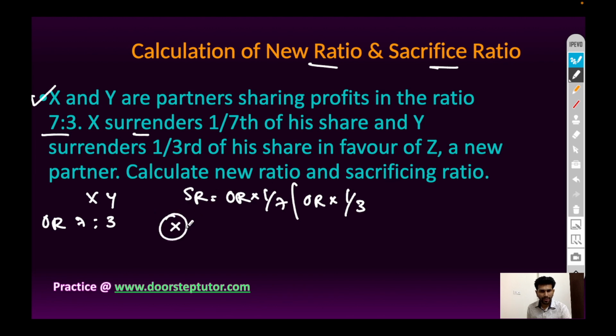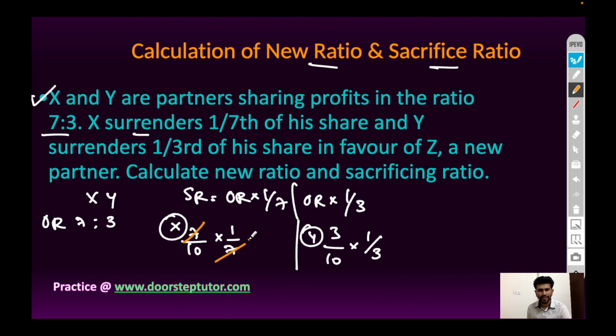For X, old ratio is 7 by 10, since 7 plus 3 is 10. So 7 by 10 multiplied by 1 by 7. And for Y, old ratio is 3 by 10 multiplied by 1 by 3.